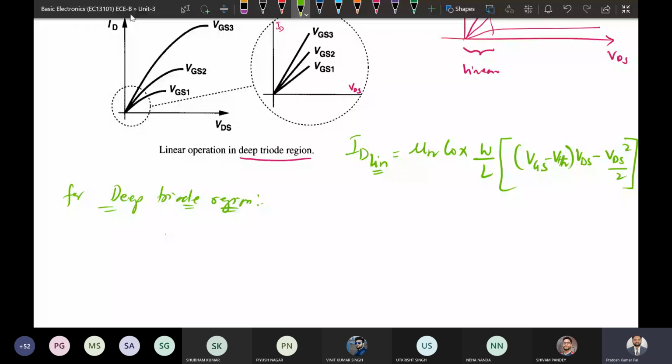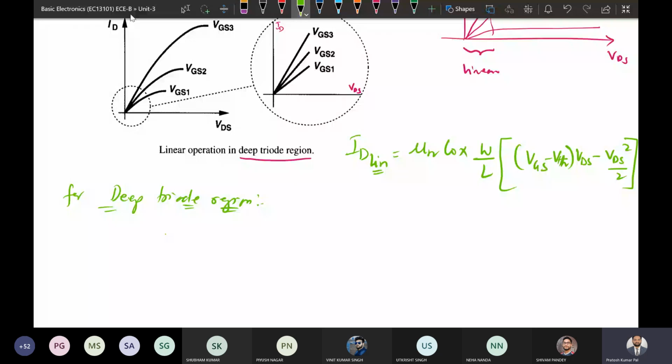So this is the deep triode region resistance, or the on resistance. If we see the ID versus VDS, this is the output characteristic of a MOSFET.